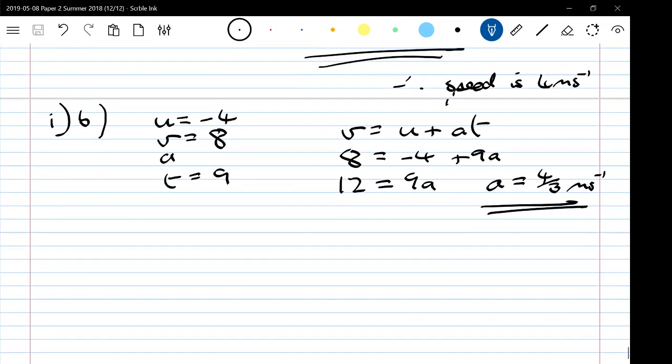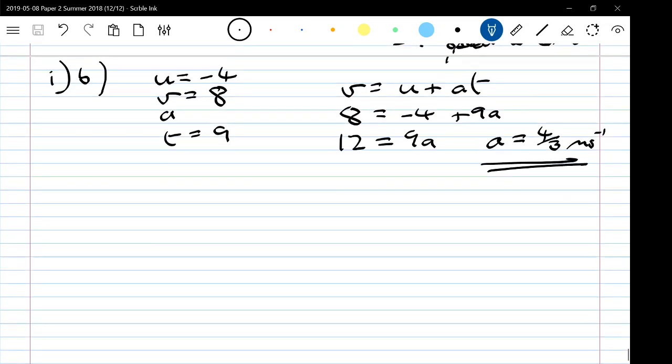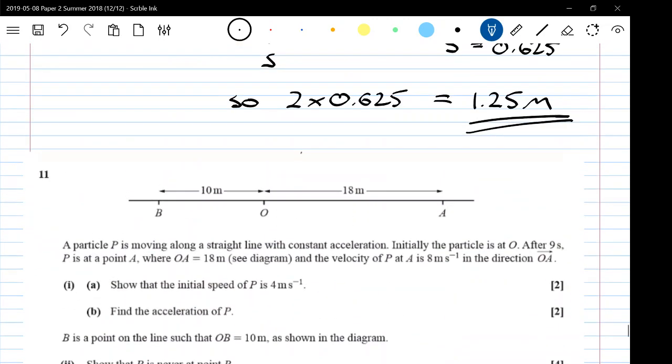So if we think about the start point of this, I think this would be a good way of doing it. It starts with a speed of minus 4. It has an acceleration of 4/3. So it's going to start by moving in the direction of B, isn't it?